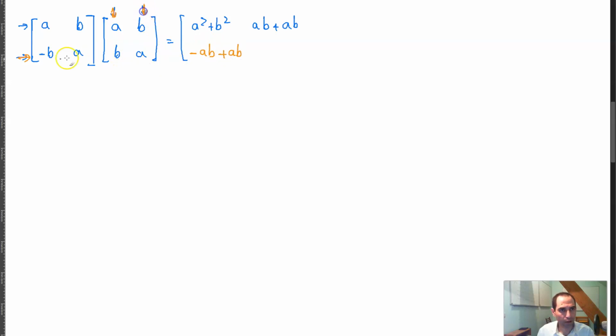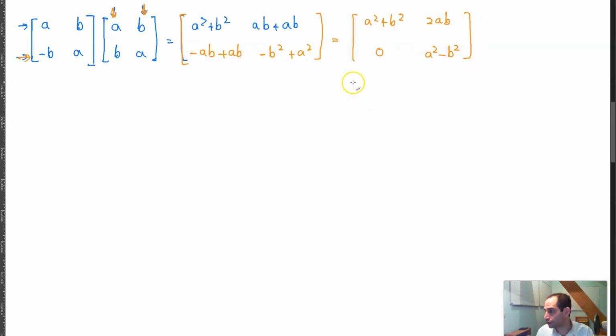And this column would give me negative b squared plus a squared. And that is equal to a squared plus b squared, 2 times ab, that is 0, and then a squared minus b squared. For example, that is that.